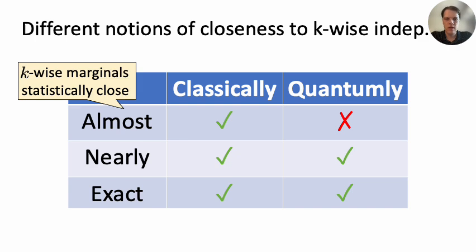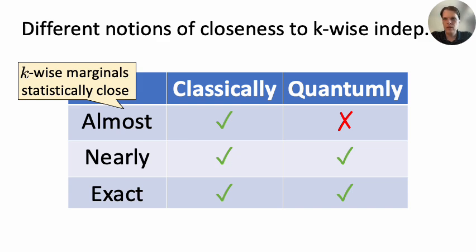So we just introduced a new notion of being close to k-wise independent, but it's actually not the usual notion of almost k-wise independence that is commonly used in the literature. The notion of almost k-wise independence says that the k-wise marginals are statistically close. It turns out that for classical query algorithms, this is actually enough to show indistinguishability from truly random functions.